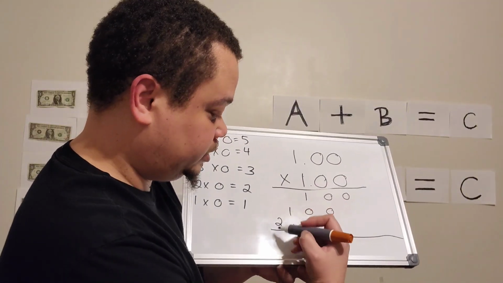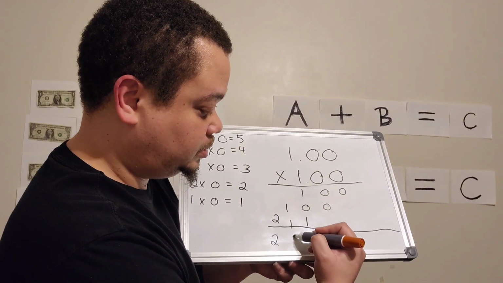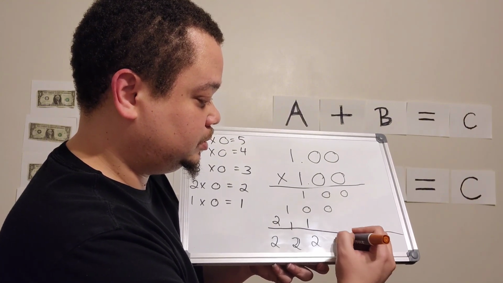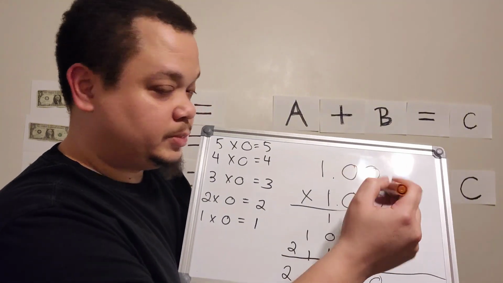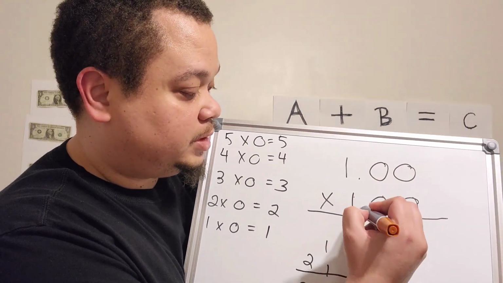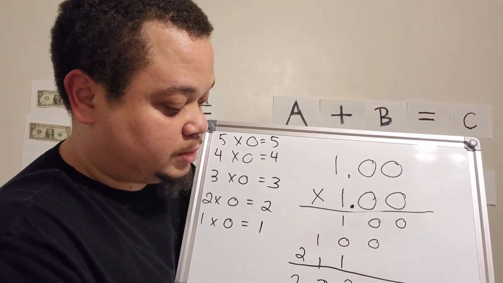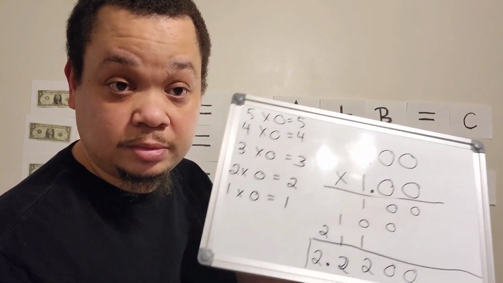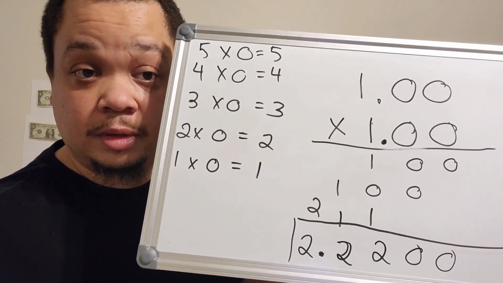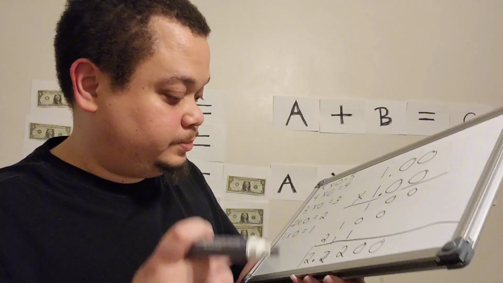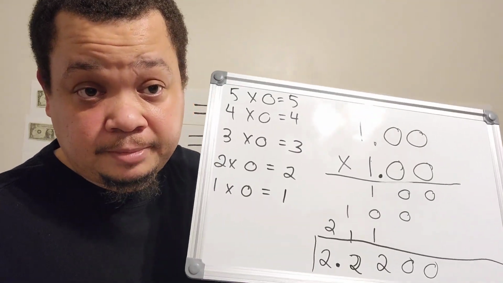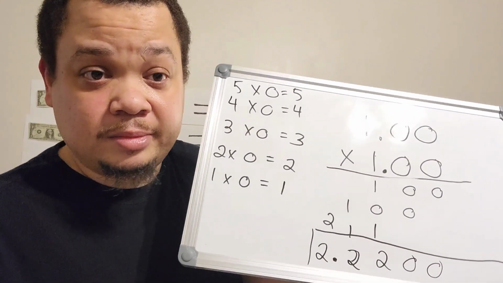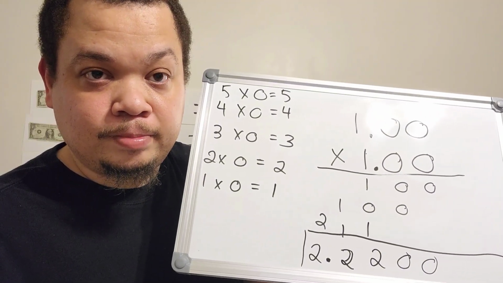All right, the total is going to be 2, 2, 0, 0. I know how to do math. You take your 4 decimal points, you move it over, and you got 222. Sorry. Math works. I got a whole number. Right?